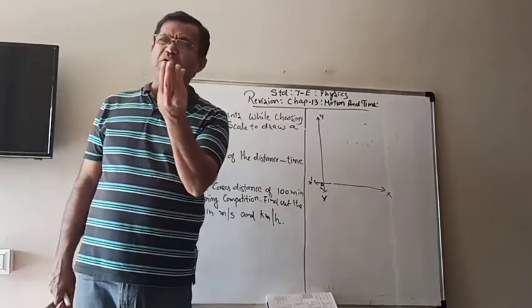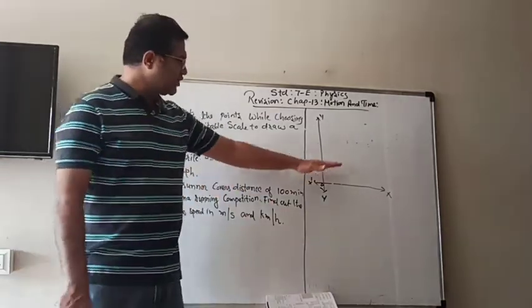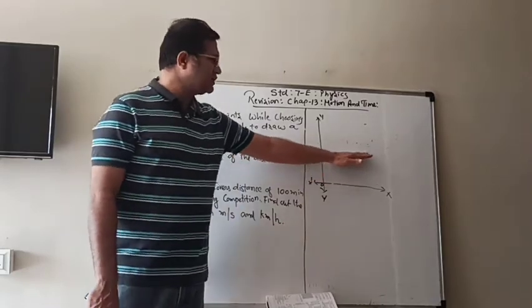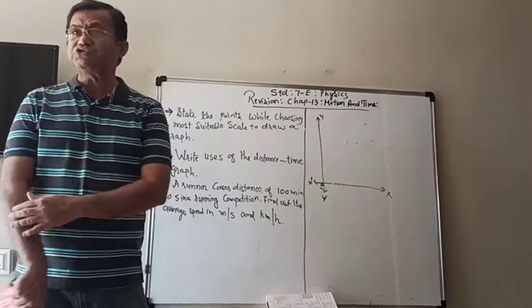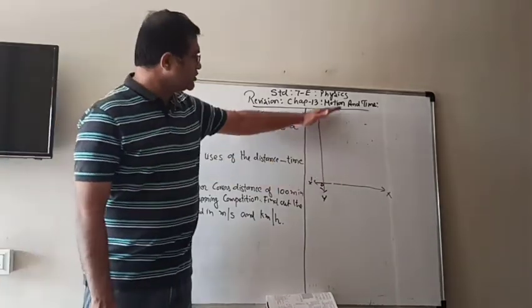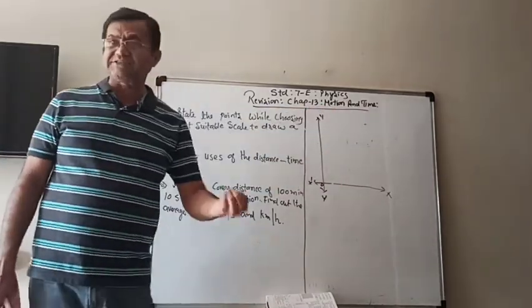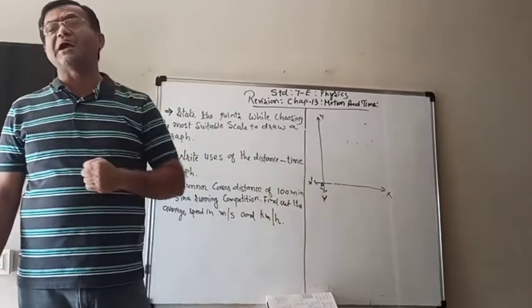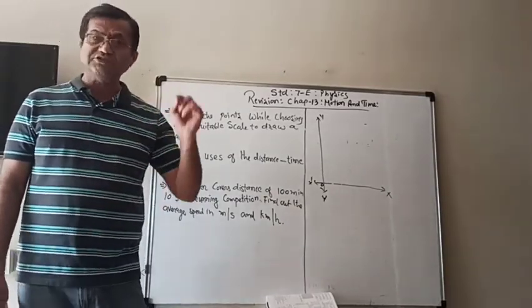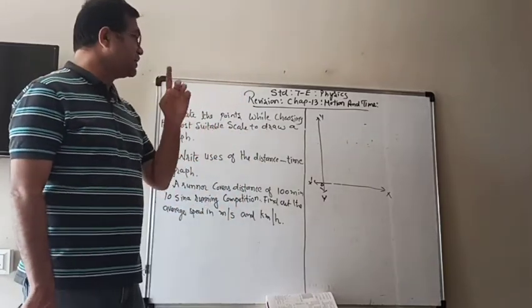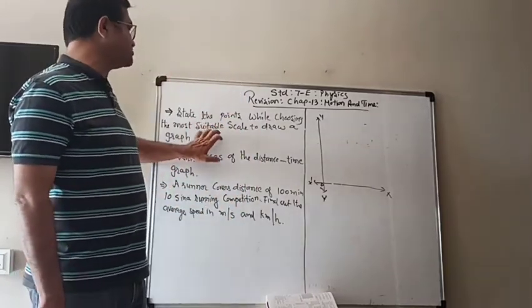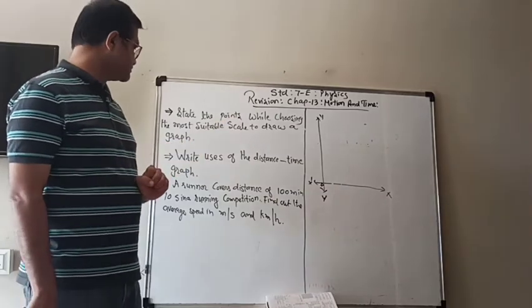If you choose a very small scale, your graph will be finished in only the lower part. So you have to choose a scale such that you can use the maximum part of the graph paper. So keep these three things in mind, and you can write down the answer of your question like that.